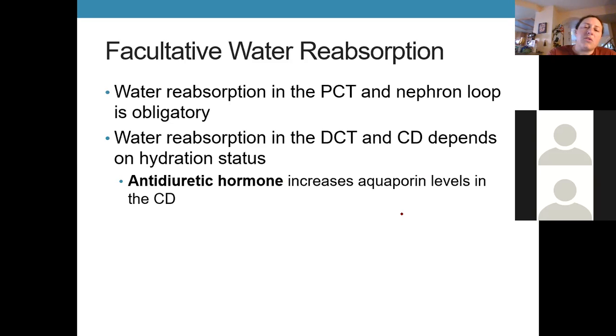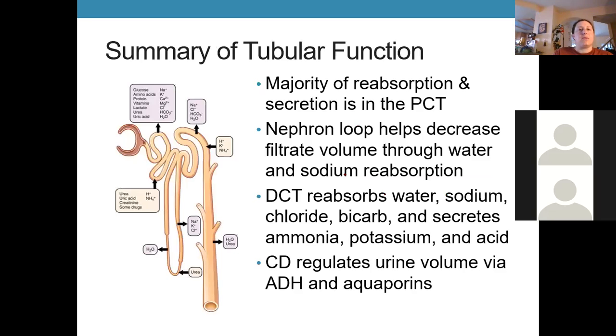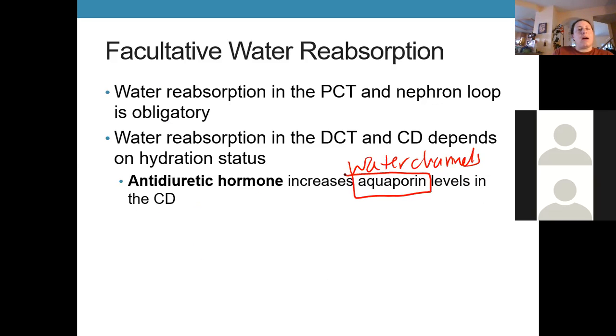So antidiuretic hormone impacts how many water channels, or aquaporins, are present in the cells of the collecting duct, specifically the principal cells, because they're the ones that respond to it. So the more antidiuretic hormone, the more water channels, and the more water gets reabsorbed, okay?